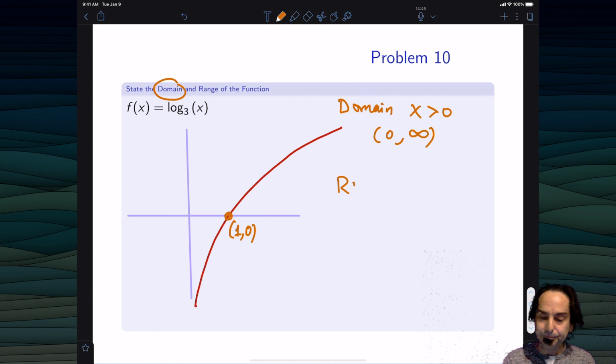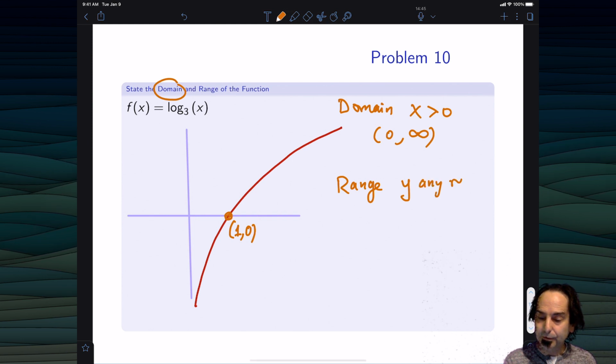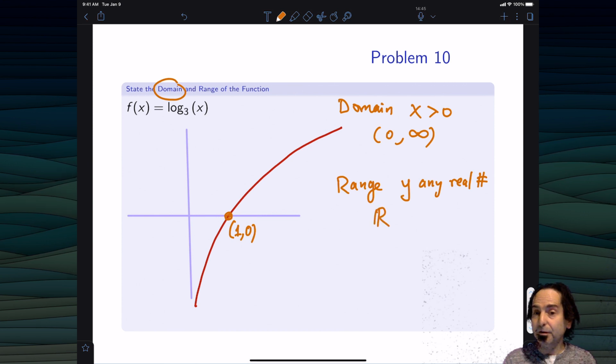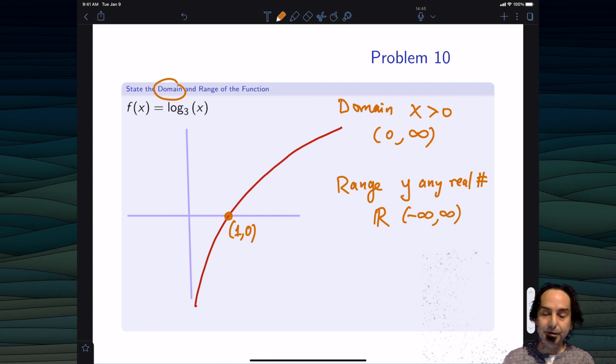And the range for this is y can be anything, so any real number, and we write that as a funny R font, or you could write it in interval notation, every number between negative infinity and infinity.